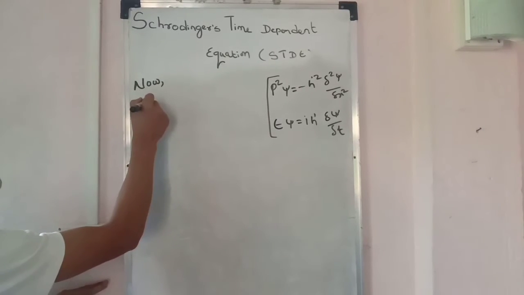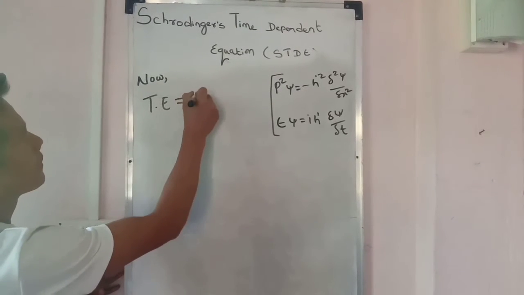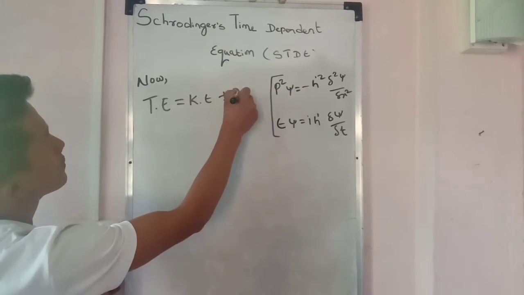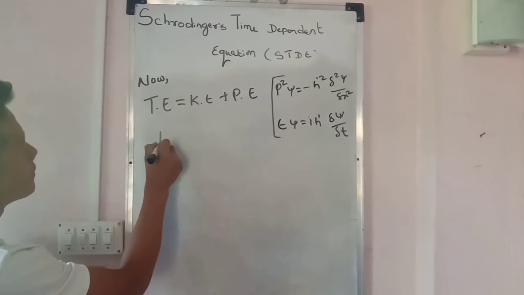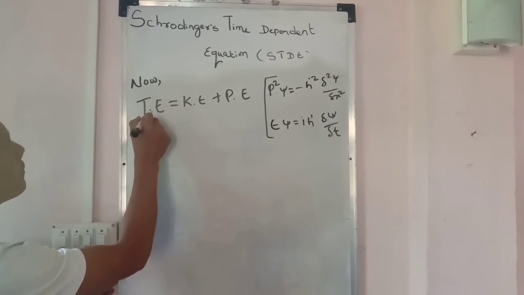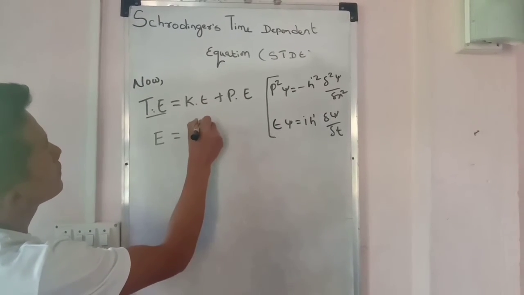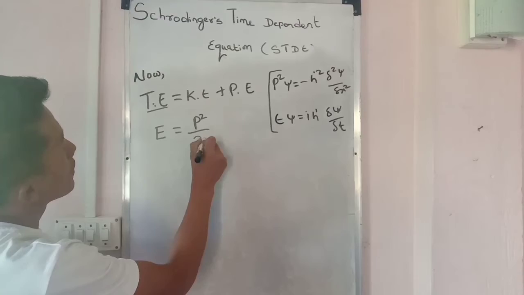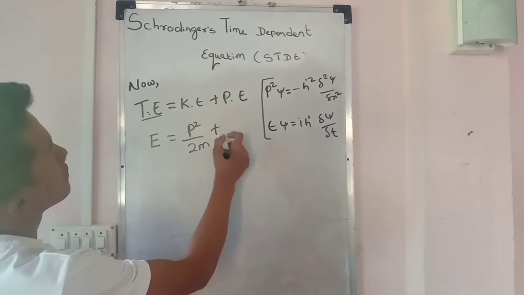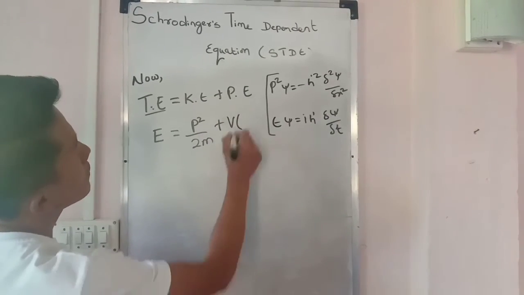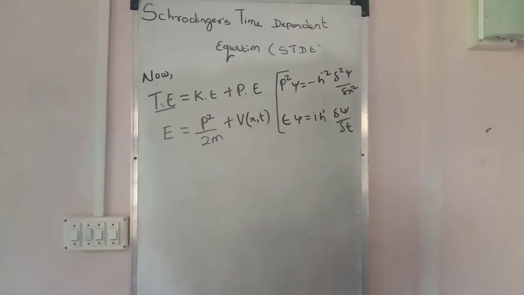Now the total energy, we all know, will be kinetic energy plus potential energy. I will write the total energy as E, the kinetic energy will be p square by 2m from momentum, plus the potential energy V as a function of x and t, because potential always depends on space and time.